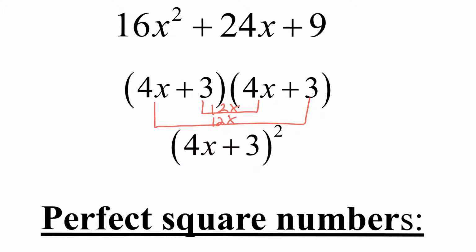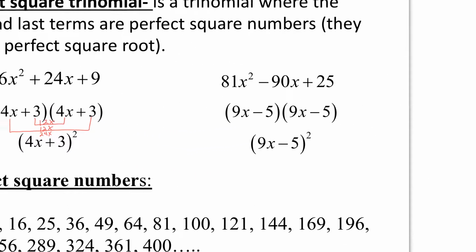When you combine those two, 12x plus 12x, that's going to give us our 24x, which is the term in the middle, positive 24. So when you distribute, you will get the trinomial back. And that's the idea for factoring. We want to undo the distributive property, but when you actually do the distributive property, you have to get the trinomial back.